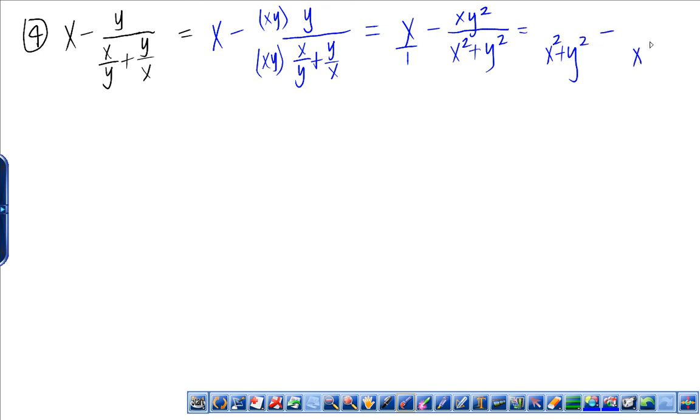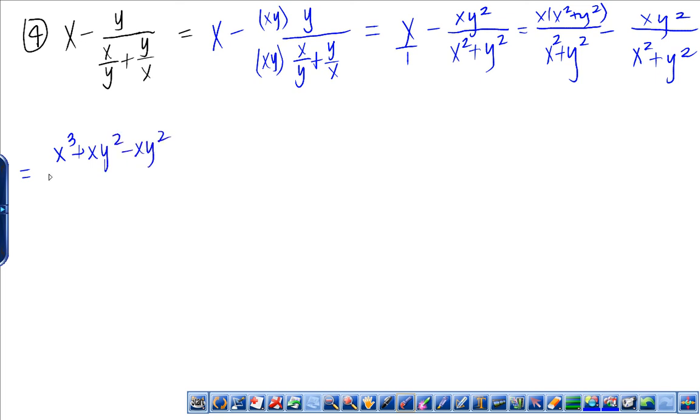And this is x squared plus y squared. This top is going to stay. And I need to multiply this top over here by x squared plus y squared. And again, do not skip this step. Go ahead and distribute. Gives me x cubed plus xy squared minus xy squared over your denominator.